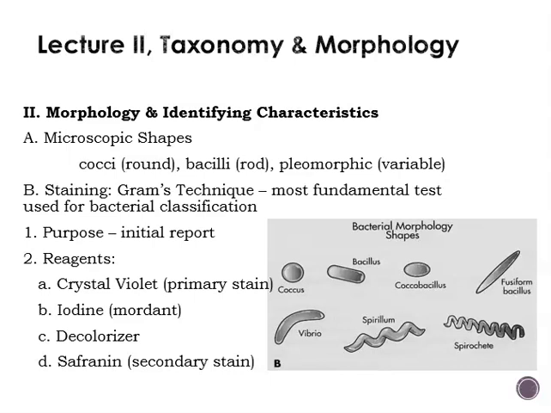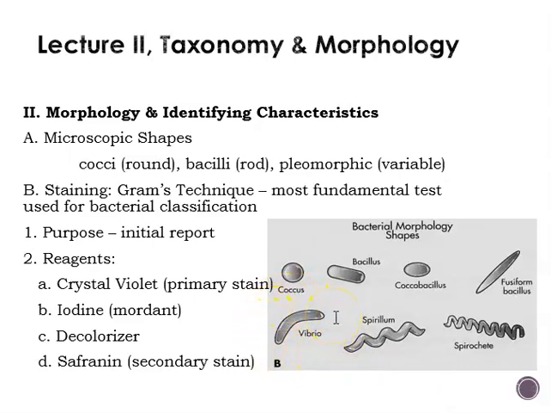Bacilli are rod-shaped. They can vary greatly in size and length, from short, football-shaped, which are called coccobacilli, to long filamentous rods. The ends may be square or rounded. Bacilli with tapered or pointed ends are called fusiform. Vibrio are a gently curved rod, so you can see him there.